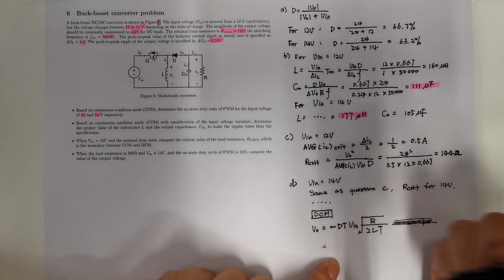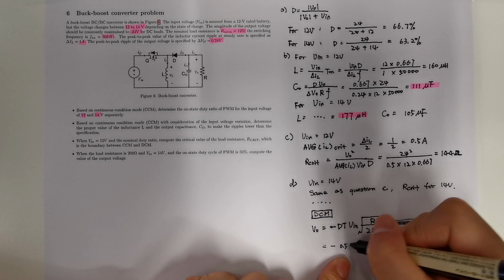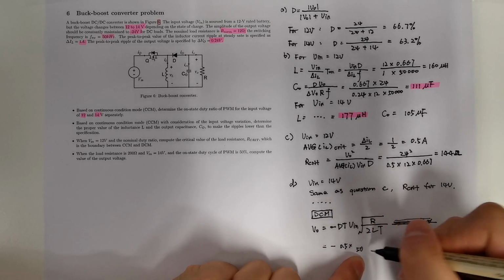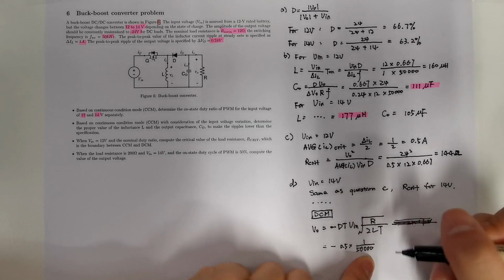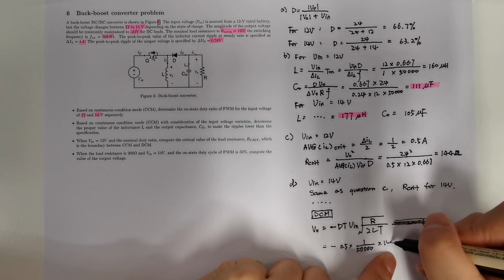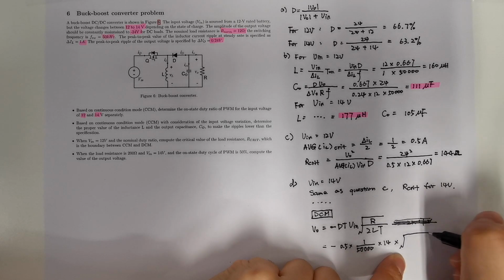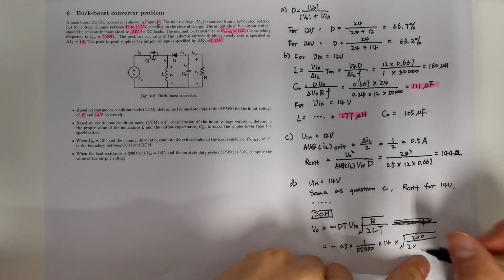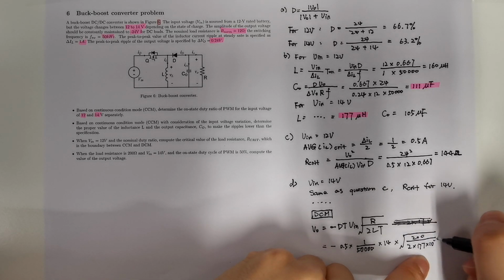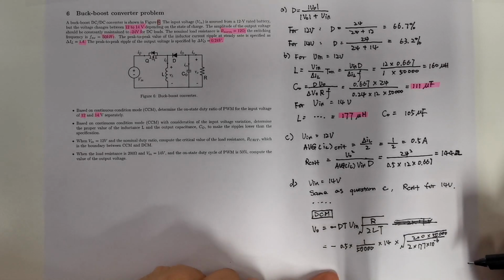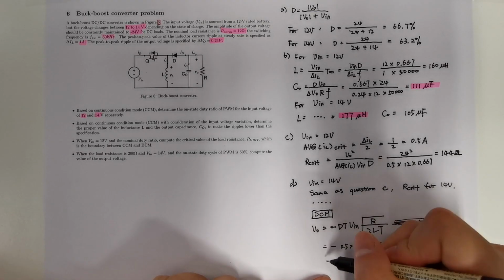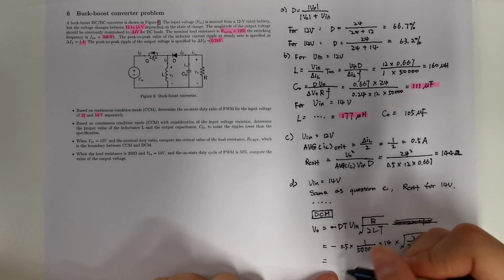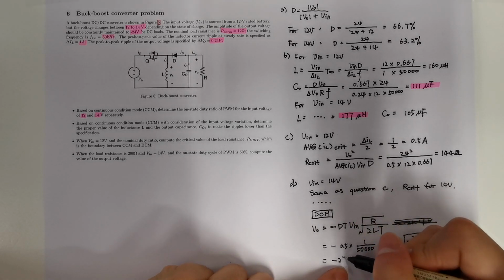The Vout equals minus 0.5 times 14 volts times square root of 200 divided by 2 times 177 times 10 to the power of minus 6 times 50k, and we got the output voltage value is minus 23.5.